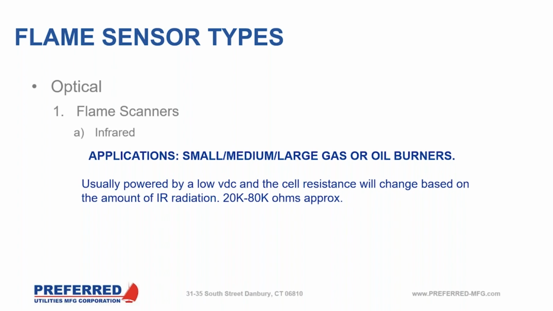Now, one of the cool things about the infrared sensor is it's basically what we would call dynamic self-checking, in the fact that if it fails, and history has proven this, it will usually fail in an open condition. So open circuit is what it amounts to. So that's really an advantage. We can actually monitor that and tell whether it's operating correctly or not.